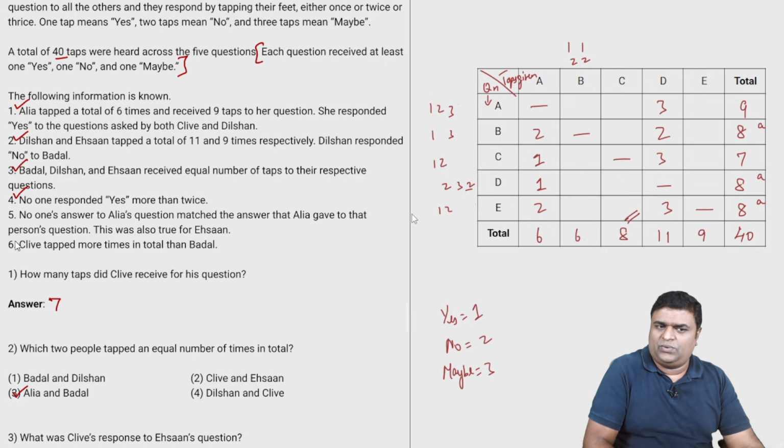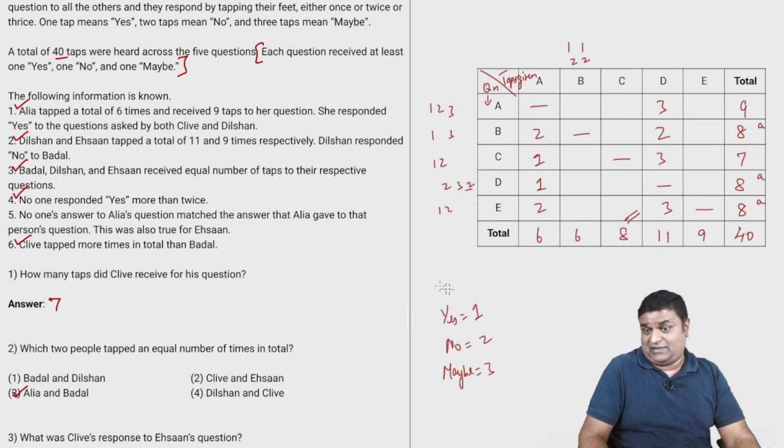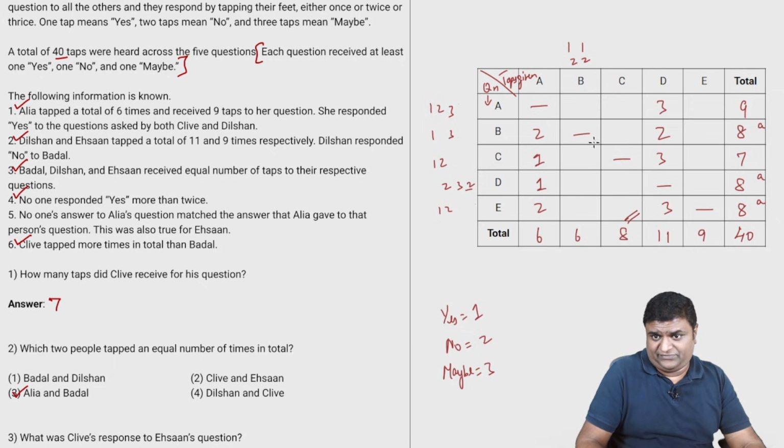Okay. So now what else do we have? We just have 5, right? So clue 5, along with these possibilities over here. No one's answer to Alia's question matched the answer that Alia gave to that person's question.